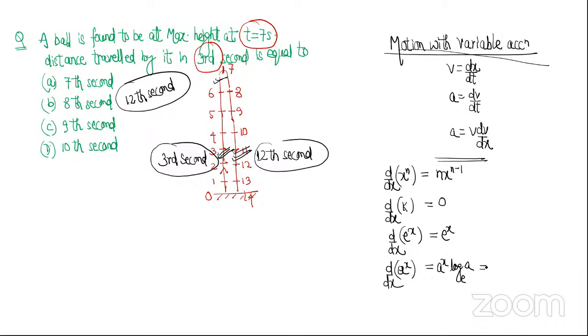That this thing only is called as ln a. So if nothing is written, if just it is written like log a, nothing is written means here base 10 is there. And if it is written ln a, that means here base e is there. That's the meaning.